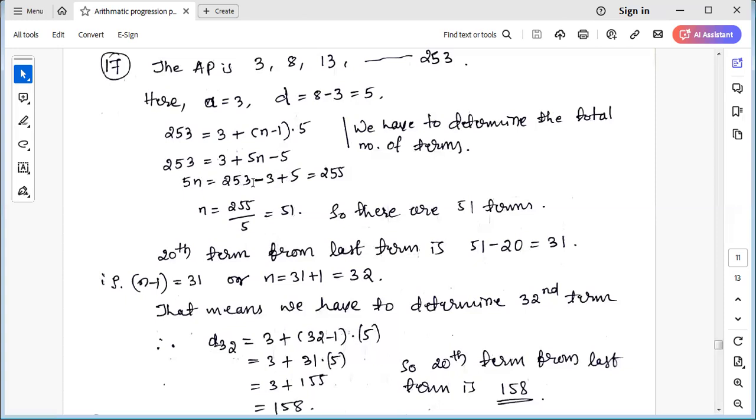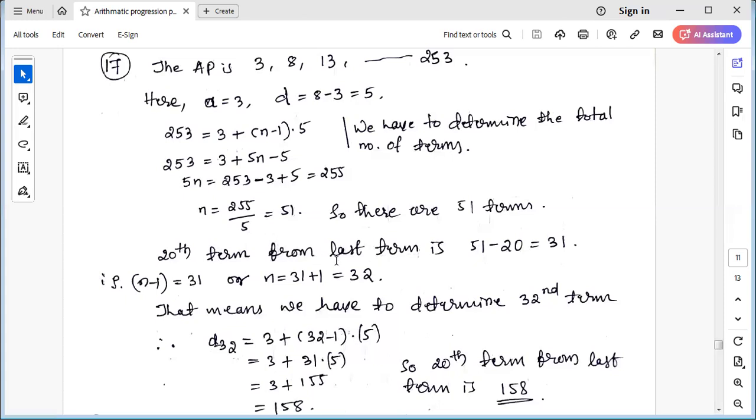Together this makes 255. Therefore 5n is equal to 255, or n is equal to 255 divided by 5, which is 51. So there are 51 terms in the given arithmetic progression.